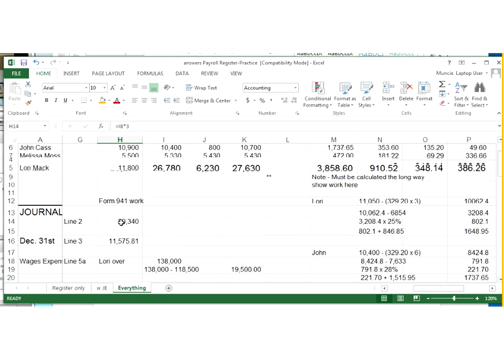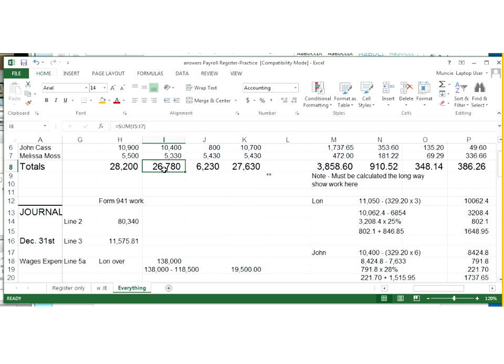So when I get to line 2, if nobody in the company has changed, and I have the same people making the same money, all I simply got to do is look at what my federal taxable wages were, $27,680, and multiply that by 3.